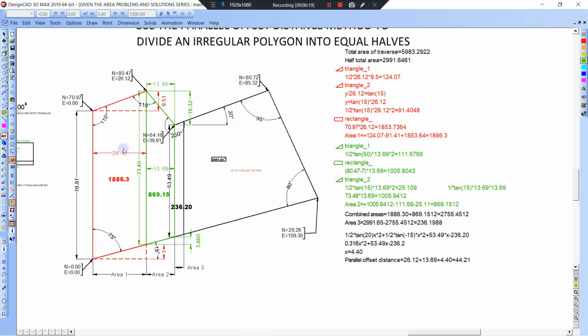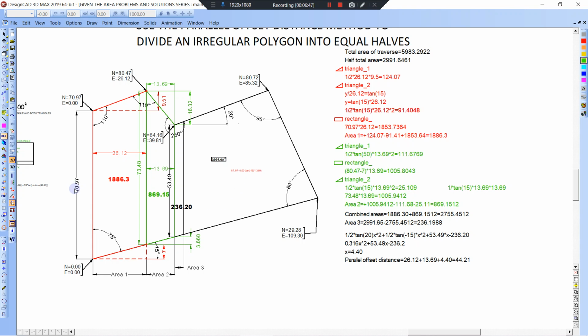So tangent of 15 times 2612, then multiply that by 1/2, and we get 91.405, and that's negative because it's coming out of that triangle there, and I didn't put that in. Let's do that. It should have been negative 15 degrees, but we know what we're doing here.